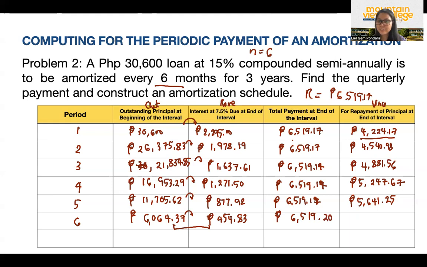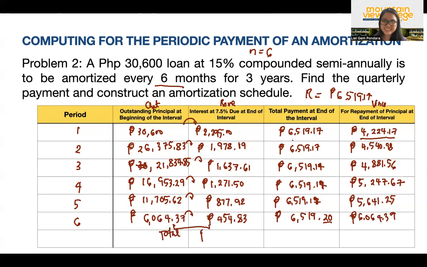You see, there's a difference now. You pay differently in the last one because of the accumulated balance. So how much is paid? 6,064.37.